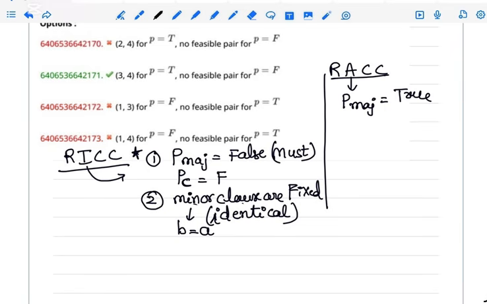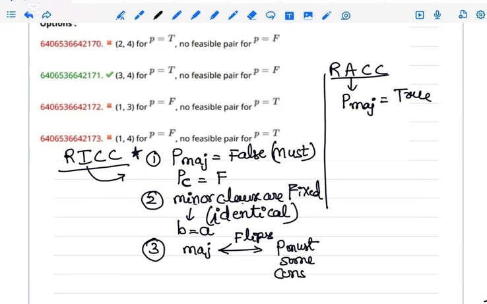And the third one is that the clause flips, that is, changes its truth value. If the major clause changes its truth value, the predicate must be the same, or constant. So you have to remember these three.